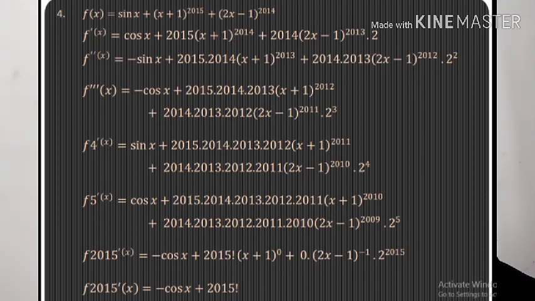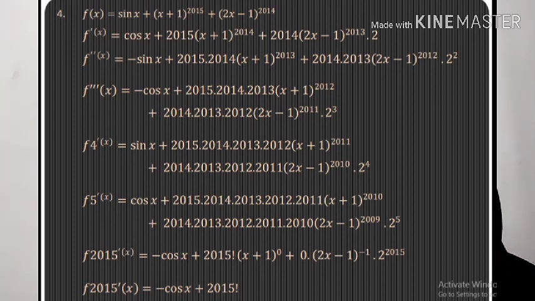Plus the coefficient of the third term, 2015 times and so on times 2015 minus 2015, so it's 0, times and so on. 0 times any number is equal to 0.